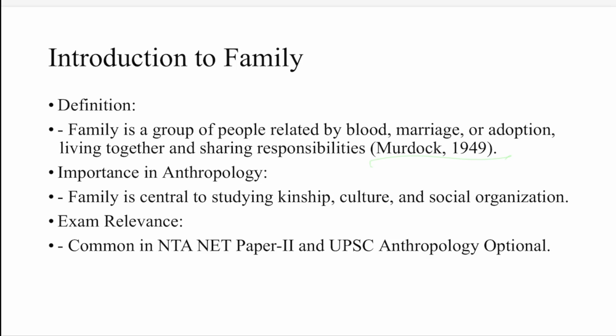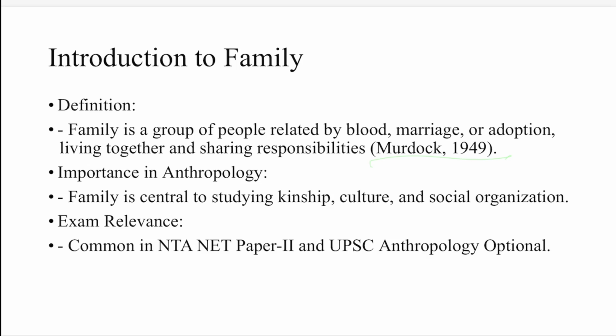Family is one of the most fundamental institutions of human society. According to George P. Murdock, it is defined as a social group characterized by common residence, economic cooperation, and reproduction. It typically includes adults of both genders, at least two of whom maintain a socially approved sexual relationship, and one or more children.